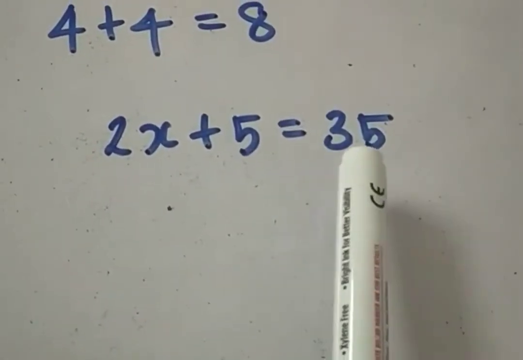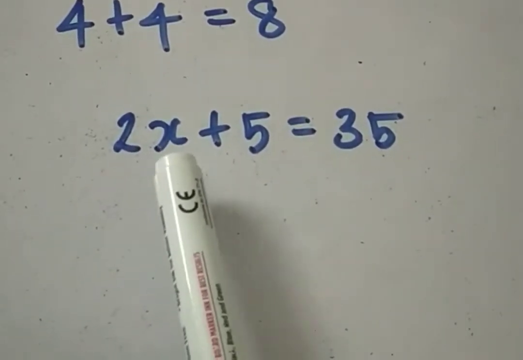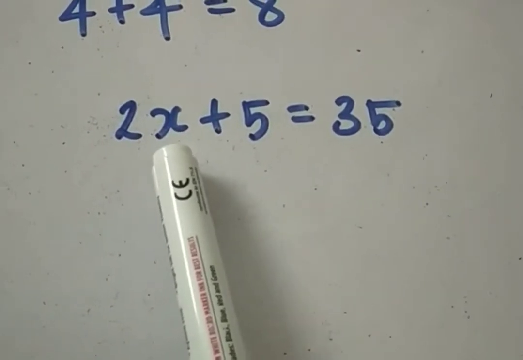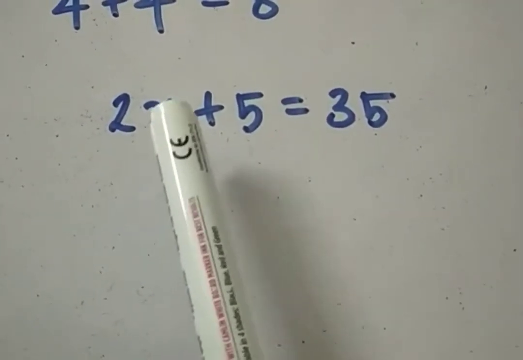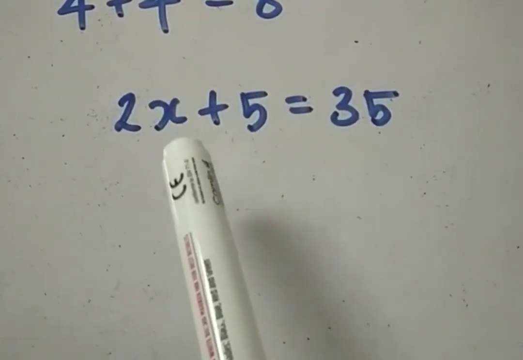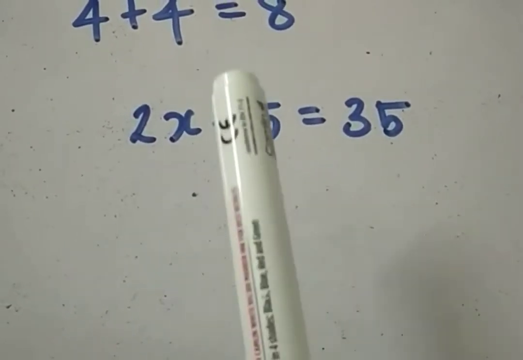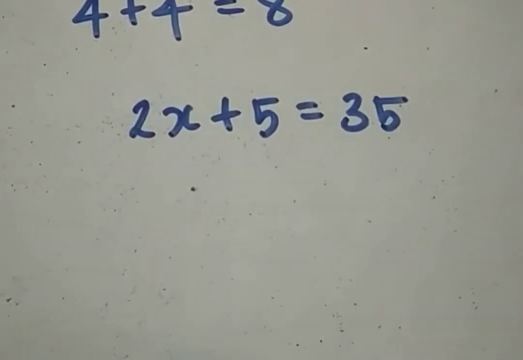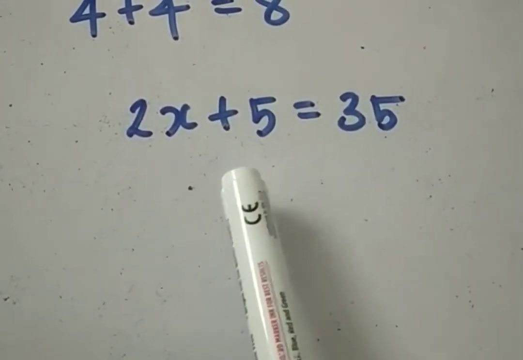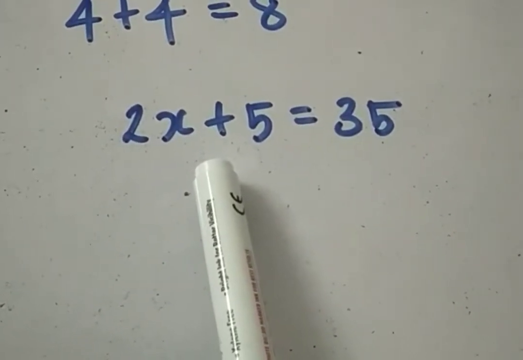This is an algebraic equation. And what is the degree of this equation? We know that degree is the highest power of the variable. So here we have only one variable and the power of x is 1. So the degree of this equation is 1. Then such equations with degree 1 are called linear equations. So this is an example of a linear equation.